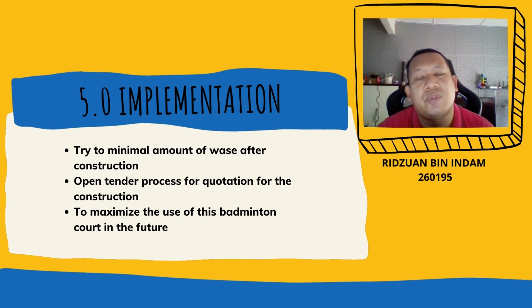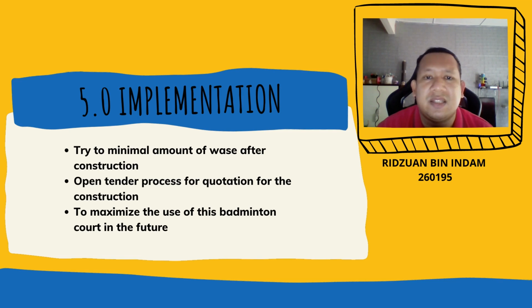Before starting the process of building the badminton court, University Utara Malaysia, also known as UUM, needs to open a quotation for the construction of a badminton court. UUM is not encouraged to conduct a direct negotiation, because the direct negotiation method will be detrimental to UUM in terms of finances.